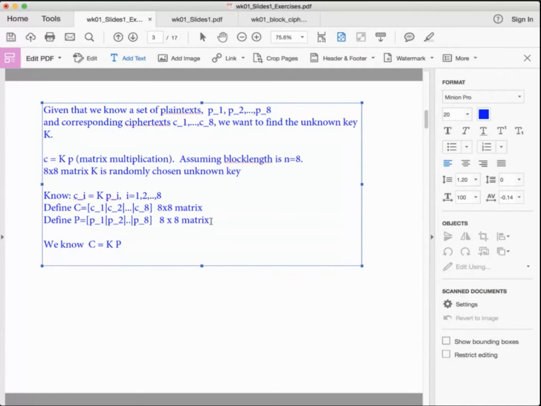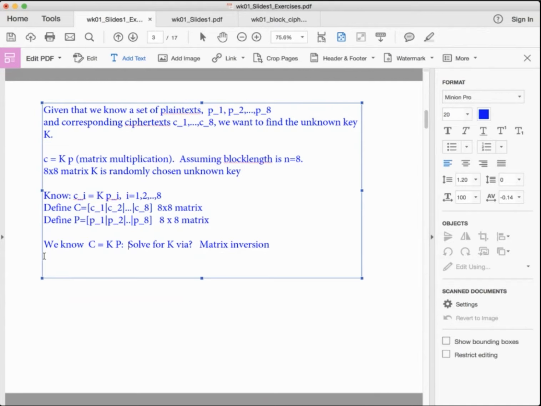I have a matrix equation. Invert. Yes. Okay. Excellent. Let me see.